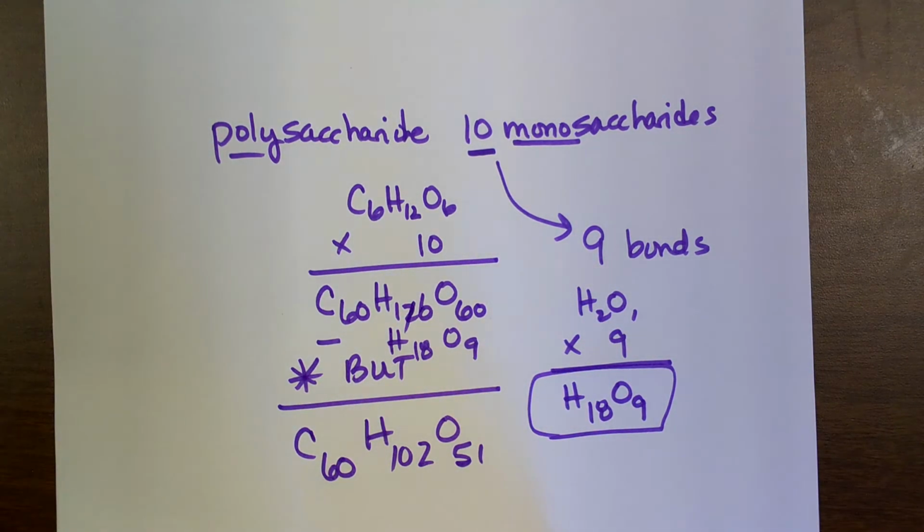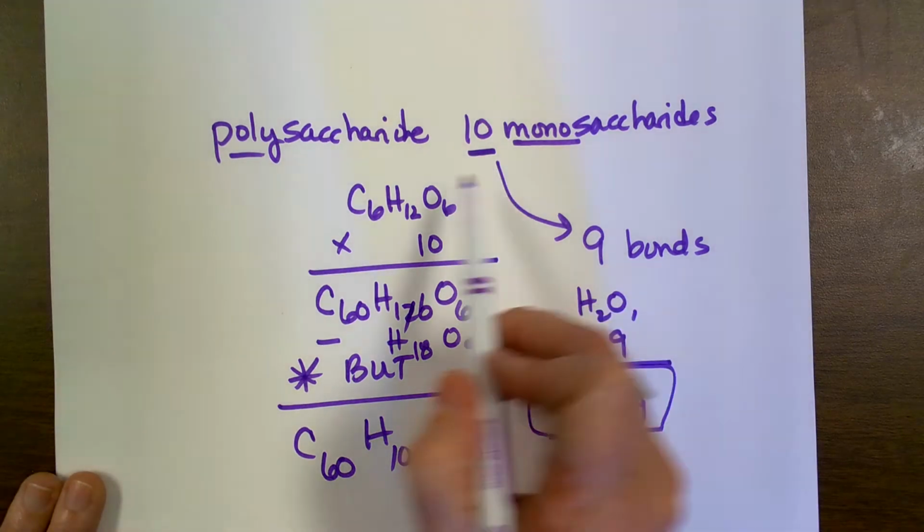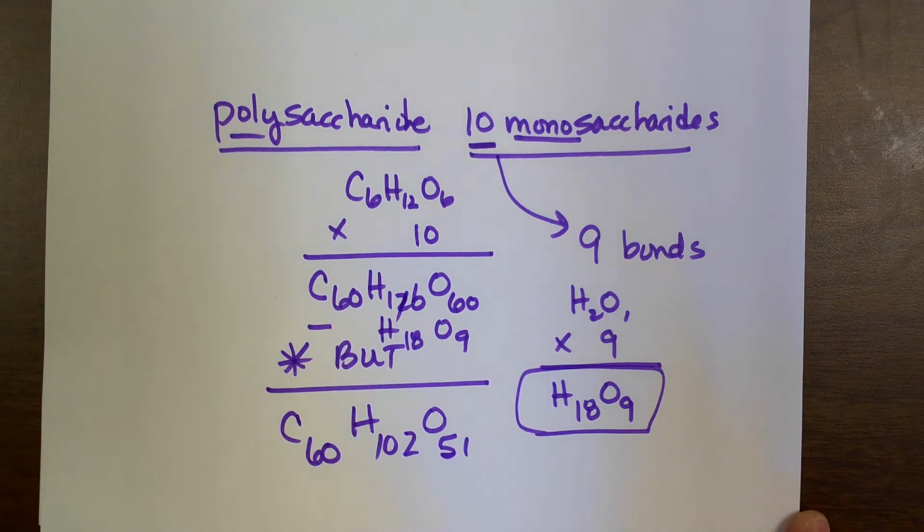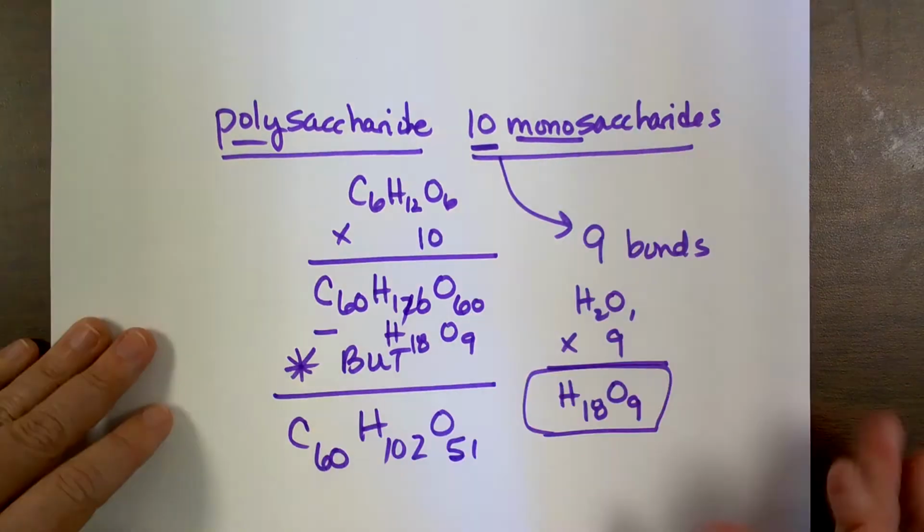That is the actual chemical formula for a polysaccharide with 10 monosaccharides. So you need to be able to do the math depending on what type of polysaccharide I ask for. Monosaccharides are one single sugar, disaccharides are two of them, and then polysaccharides.